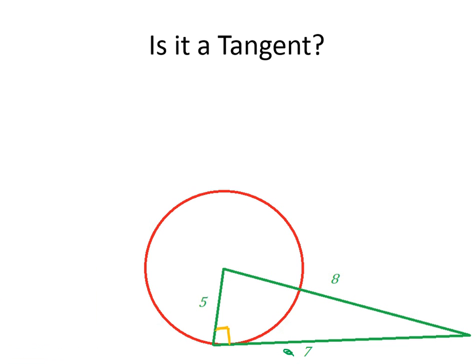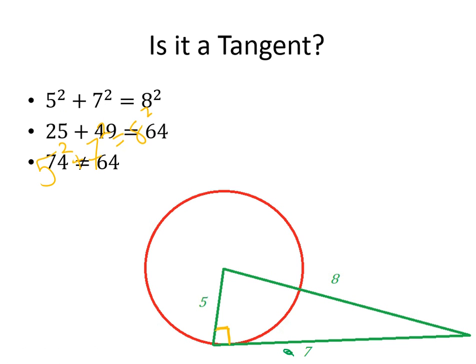So we should have a right triangle. We'd go 5 squared plus 7 squared equals 8 squared, and we'd solve that and see if it's true. We end up seeing that it does not work.